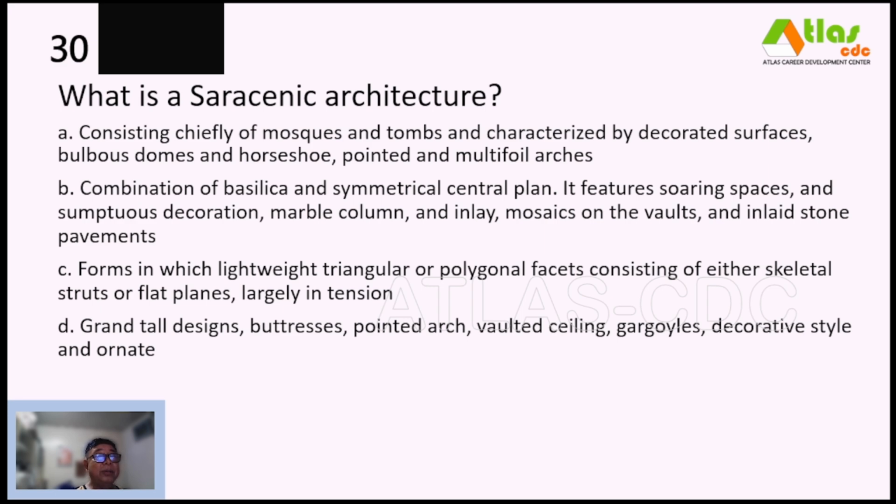C. Forms in which lightweight triangular or polygonal facets consisting of either skeletal struts or flat planes, largely in tension. And D. Grand tall designs, buttresses, pointed arch, vaulted ceiling, gargoyles, decorative style, and ornate.